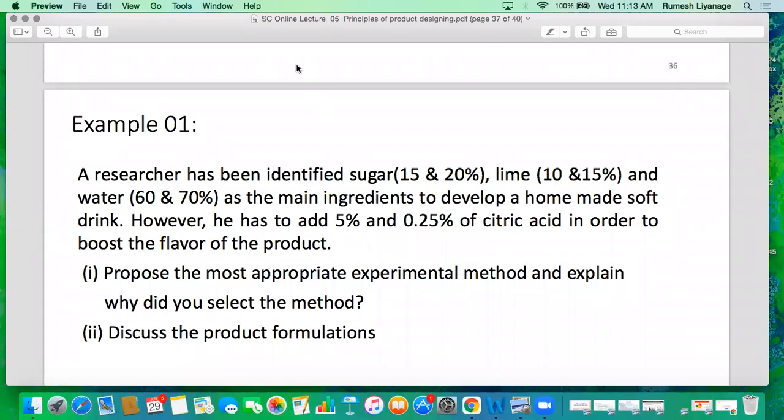Three factors. How many factors in this? Right, 3 factors. Okay, then Nadun? How many levels are we going to check?